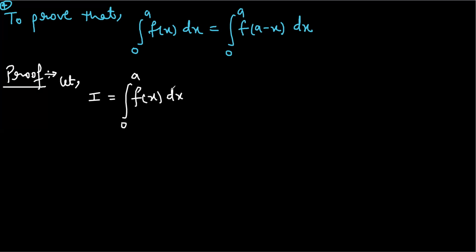It is nothing but the left hand side integral. Now, in order to learn this proof, you will have to follow some techniques which I am going to tell you, and be very alert.